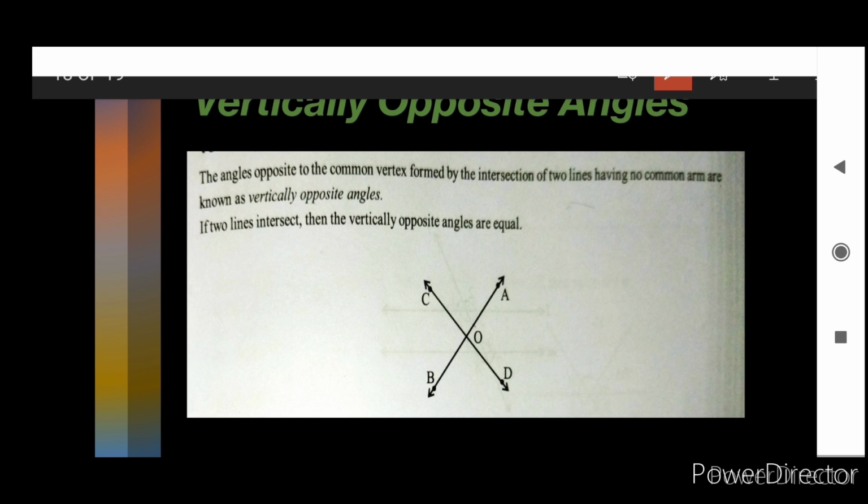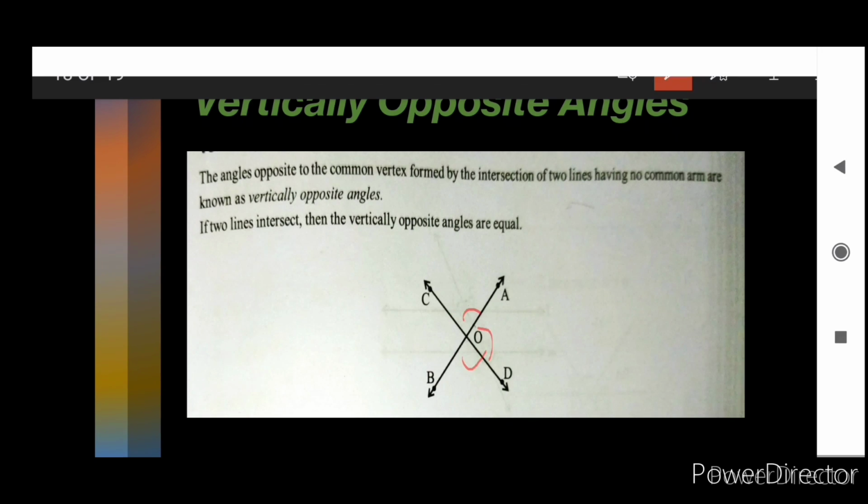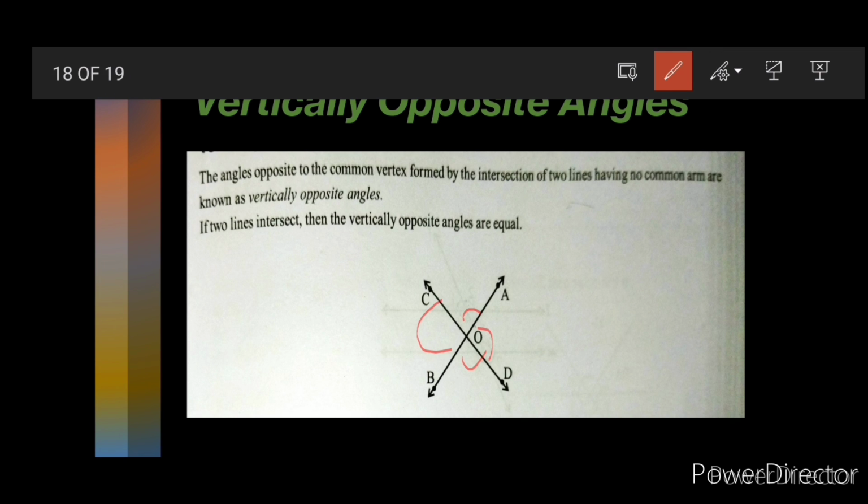For example, we can see in the figure here, angle COA is forming and angle BOD is forming, so they are equal to each other. So these are the properties of vertically opposite angles. Similarly, angle COB is equal to angle AOD. These are the characteristics of vertically opposite angles.